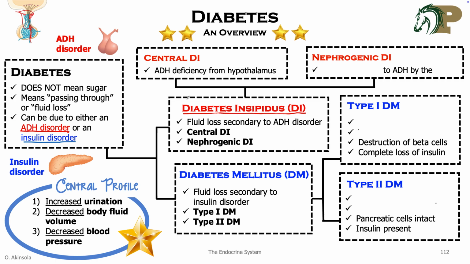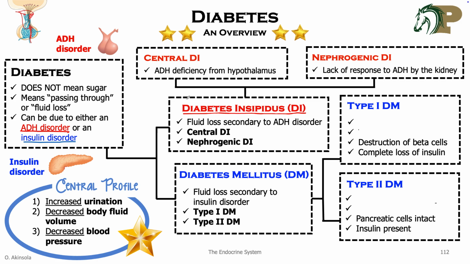Nephrogenic diabetes insipidus is where the kidneys do not listen to ADH. And they don't listen to ADH because most of the time the kidney is going to be damaged by radiation or drugs or what have you.